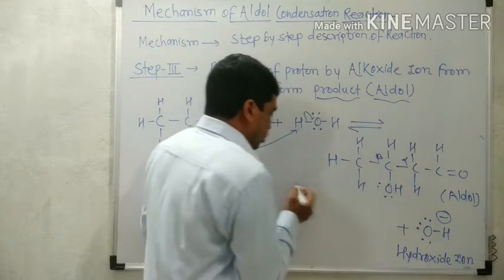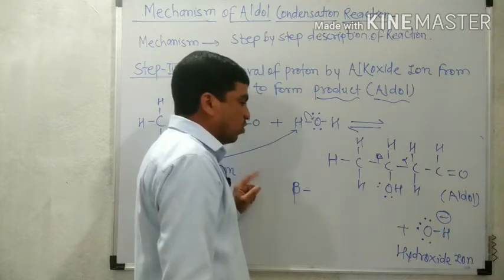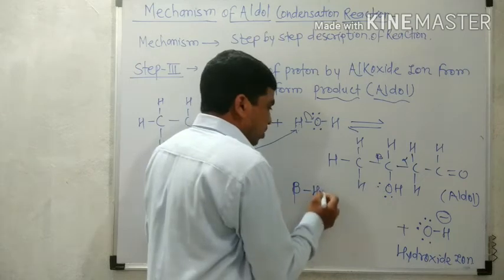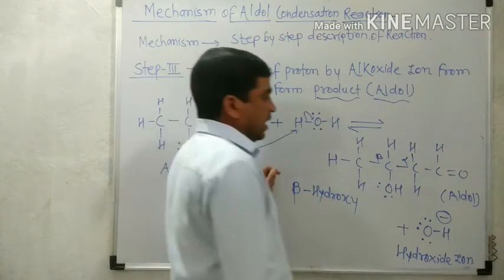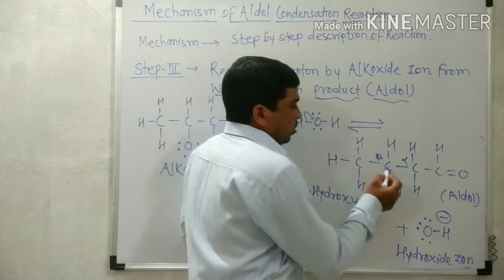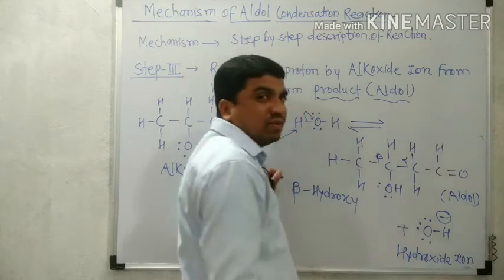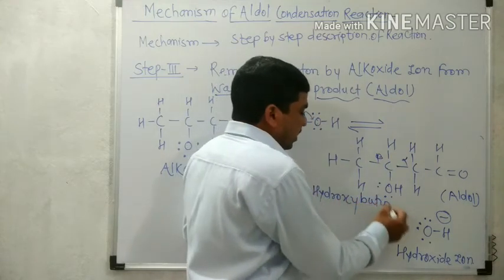Beta contains the hydroxy group. Therefore, according to the common name system, it is named beta hydroxy, and the remaining structure, one, two, three, four carbons with the CHO group, is a four-carbon aldehyde: beta hydroxy butyraldehyde.